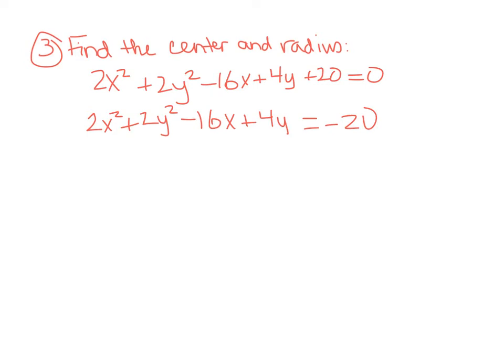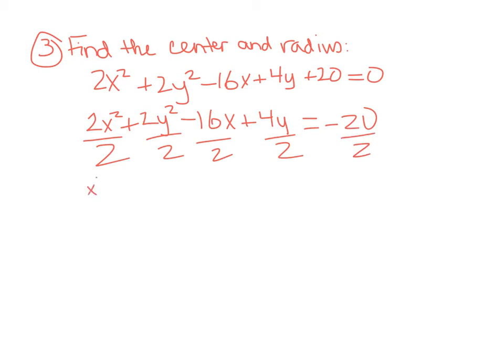If it did not have the same coefficient, that actually would be a different type of conic section. I don't know if you remember those, but it would be an ellipse or something else. So in this case, we can get rid of the 2's in front of the x squared and the y squared by dividing everything by 2. So I'm going to just do that right now.